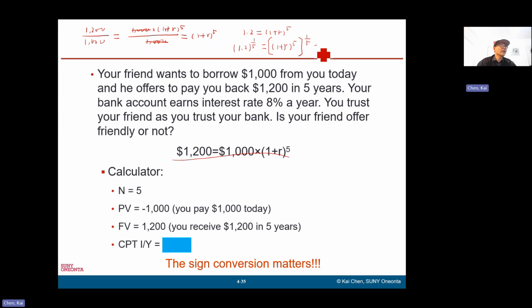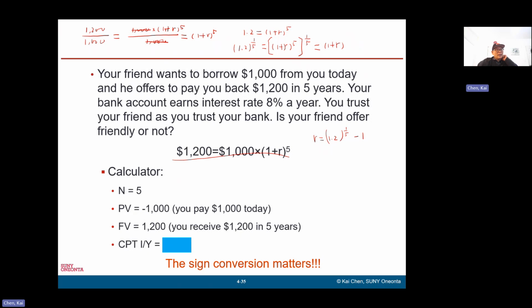Finally the right hand side becomes 1 plus r, right? Now from this equation, it is easy for us to know r equals 1.2 raised to the power of 1 over 5, minus 1.